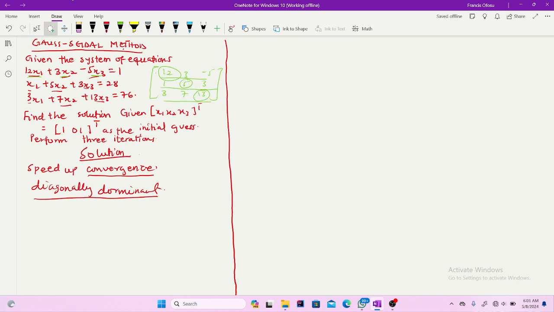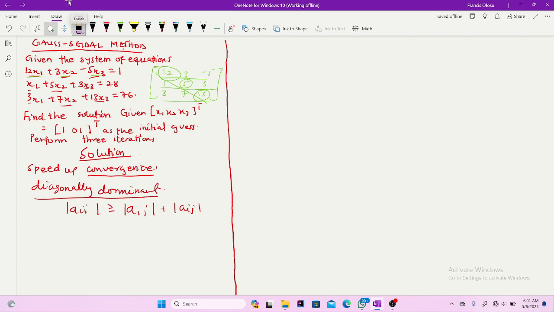This is what we call a diagonally dominant matrix, and every diagonally dominant matrix should satisfy that the absolute value of a_ii, whether a11, a22, a33, should always be greater than or equal to the sum of the other entries, the a_ij. I'll properly treat diagonally dominant matrices in a special section.